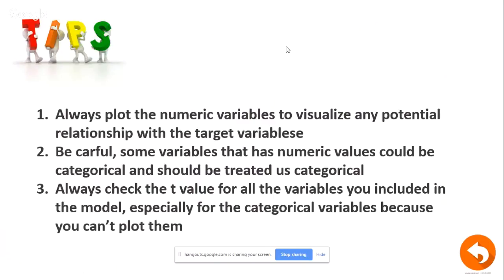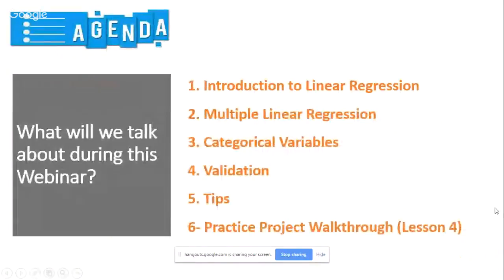Finally, always check the t-values for all the variables you included in your model, especially for the categorical variables, because you cannot plot them. Those were my tips for you.